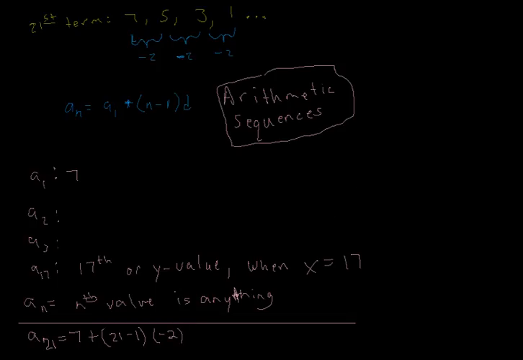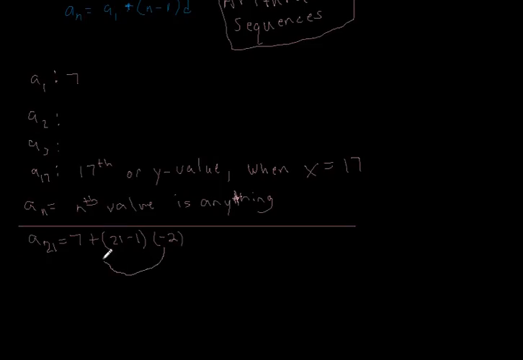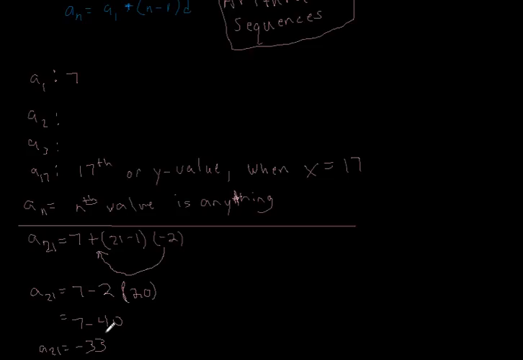I'm going to move d to the front, so a sub 21 equals 7, and I use the negative sign and get rid of the addition sign, so 7 minus 2 times 21 minus 1, which equals 20. 2 times 20 is 40, so I have 7 minus 40, and now I know that a sub 21 equals -33. So the 21st term equals -33.